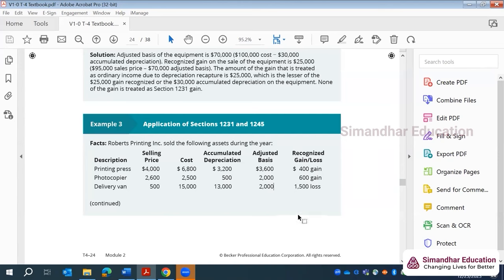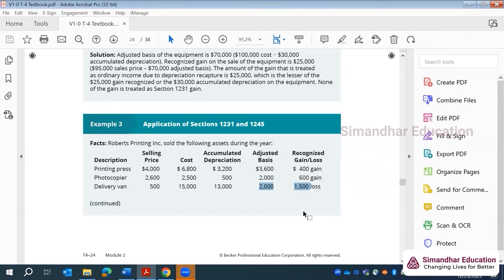So in this example, you have a $400 of section 1245 gain in the printing press. In the photocopier, you have $500 of section 1245 gain and $100 of section 1231 gain. And you have a section 1231 loss of $1,500.